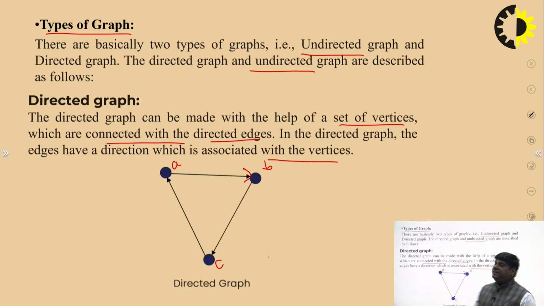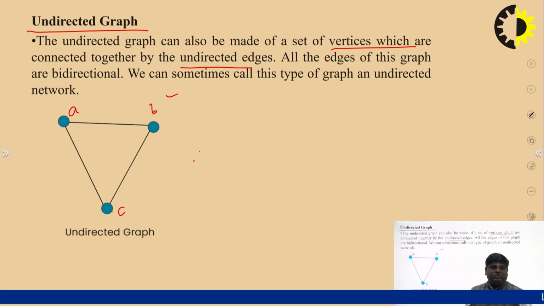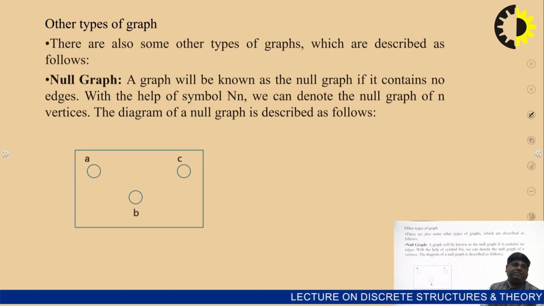In a directed graph, all nodes are associated with an antisymmetric relation. In the symmetrical way, A is connected to B and B is connected to A, and we can say that is the undirected graph.